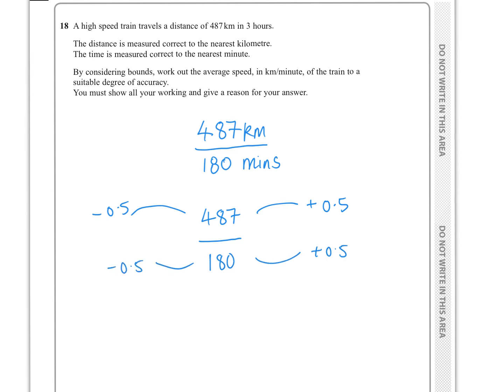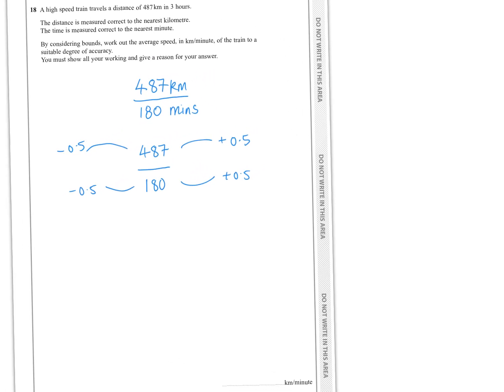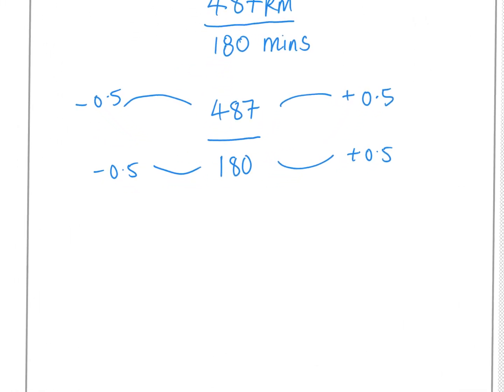And it says, by considering bounds, work out the average speed in kilometres per minute of the train to a suitable degree of accuracy. Well, the first thing we can do is find the upper bound of the speed.